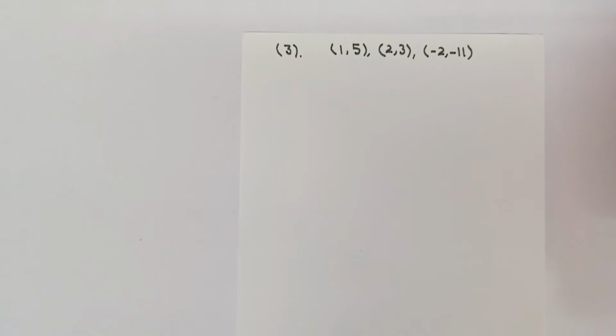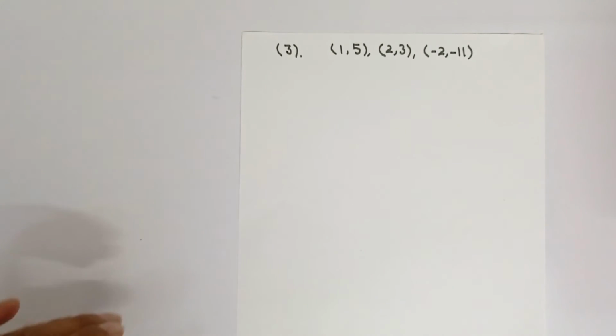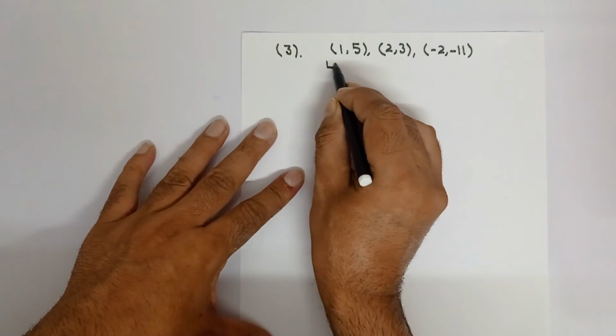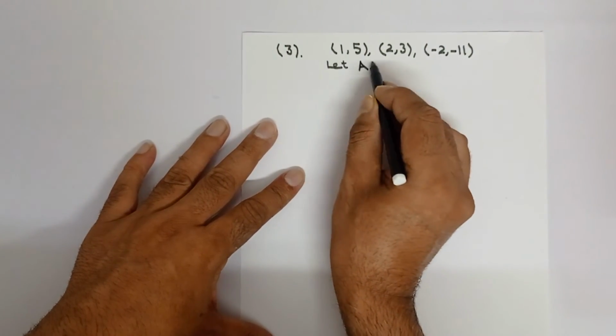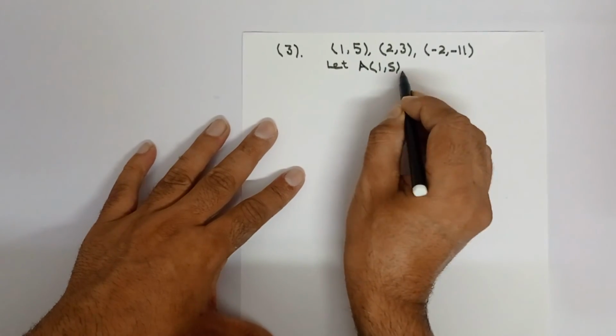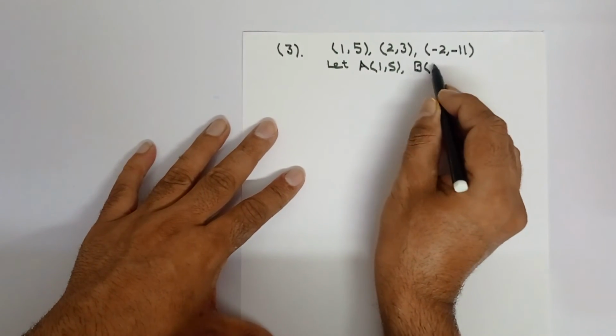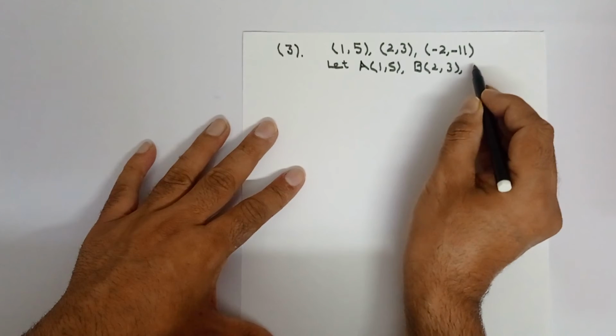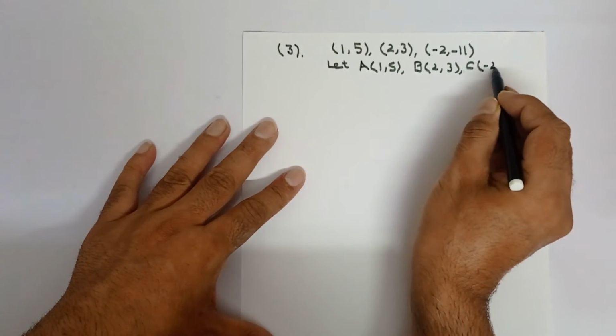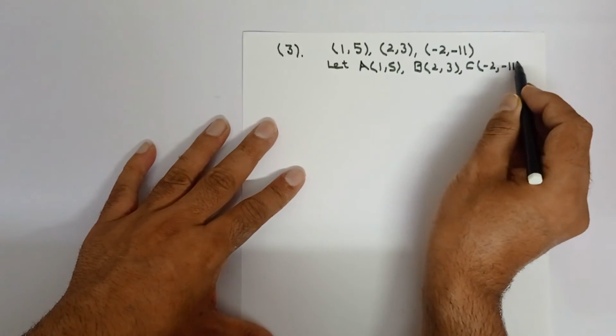So you have already studied that when the sum of the lengths of two line segments is equal to the length of third line segment. I repeat again, first you name them. Let A has coordinates 1, 5, B has coordinates 2, 3 and C has coordinates -2, -11.